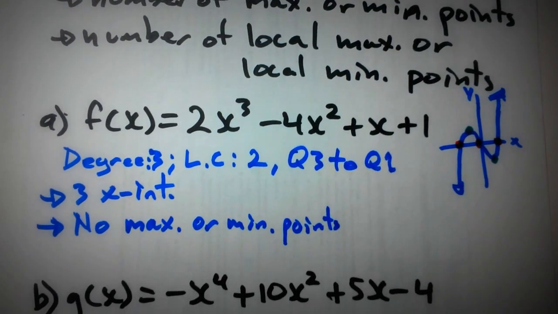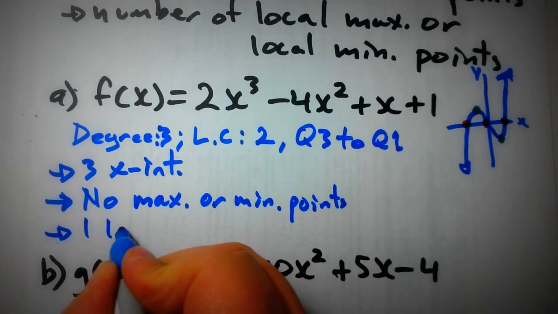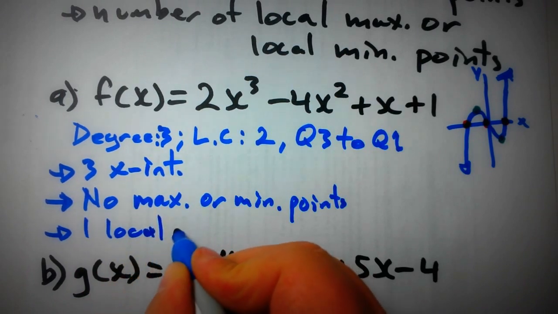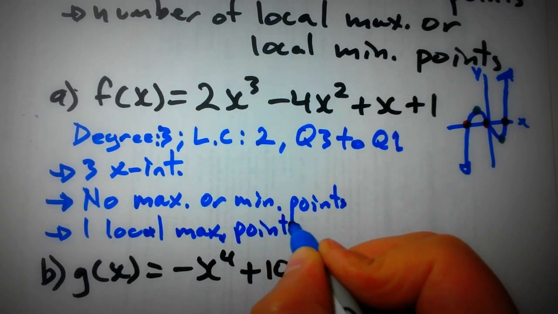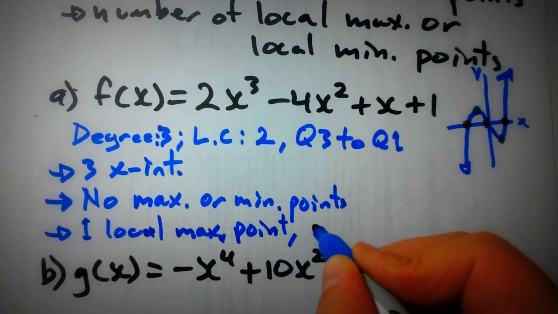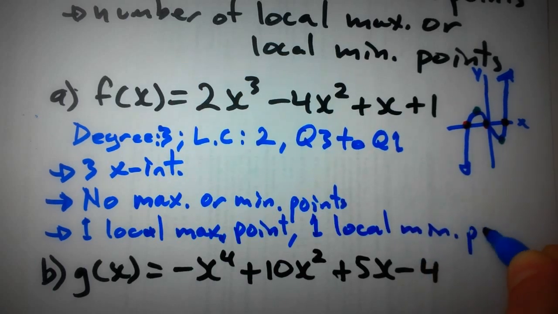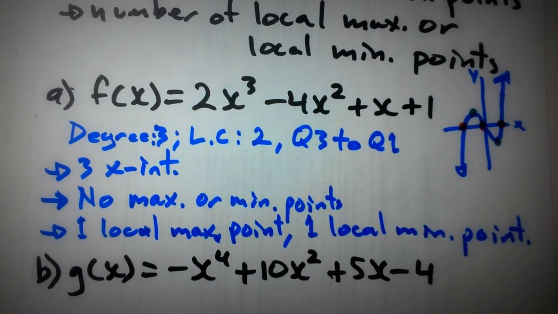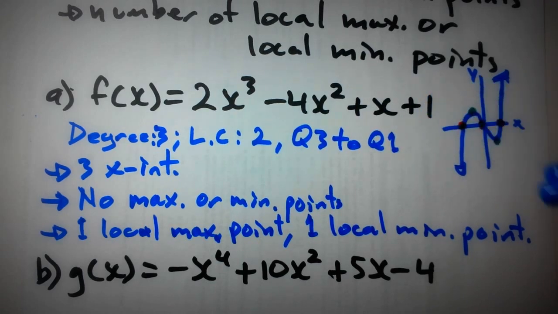So we can say that there's one local maximum point and one local minimum point. Okay, so we already answered the possibilities for function A. We match with this graph, which happens to be 4. Actually, let's just label it here 4.